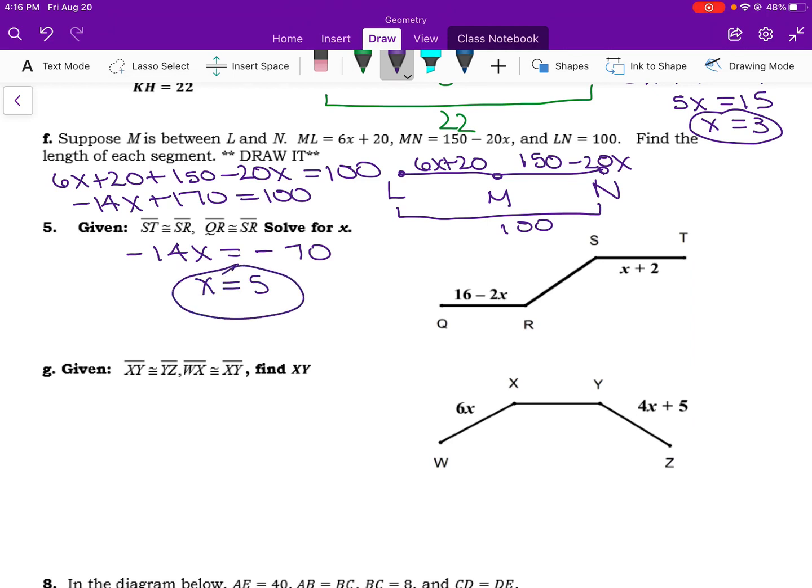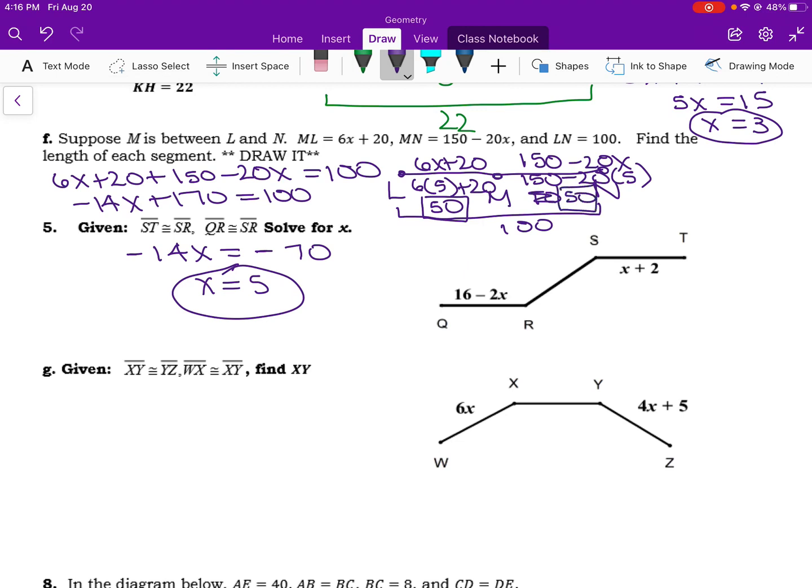So there I have 5 as my variable, but remember I have to pop these back in. So I have over here 6 times 5 plus 20, which would be 30 and 20 or 50. Over here I have 150 minus 20 times 5. That ends up being 150 minus 100, which is, wow, 150 minus 100 is 50.